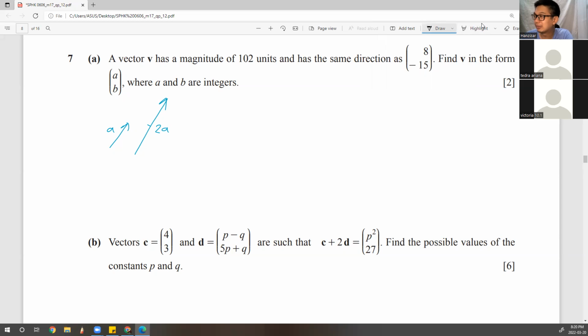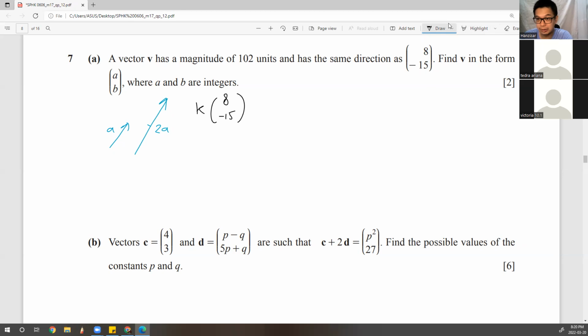So let's try. This is 8k and negative 15k, right? They share the same direction, meaning the x and y positions are proportional. Or you can just write it like this. I think this is the easiest way: k times (8, negative 15).